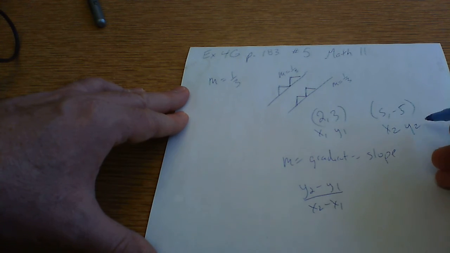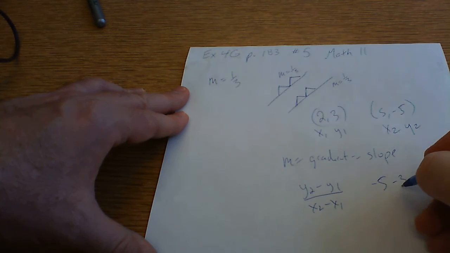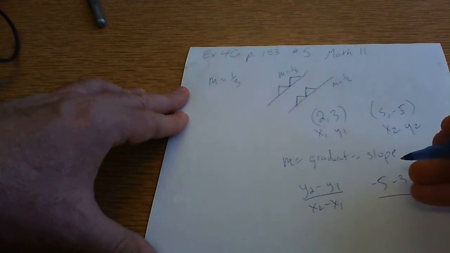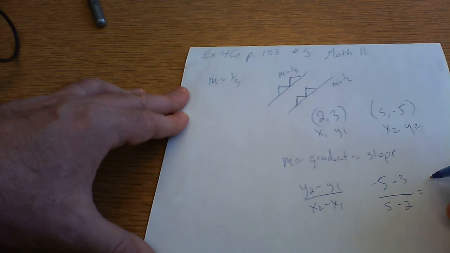And in this case, we have -5 minus -3 over S minus 2. We know that this relationship exists, and in fact, if you notice, we have one unknown here, and we indeed have an equation because we know that this must be equal to 1/3.